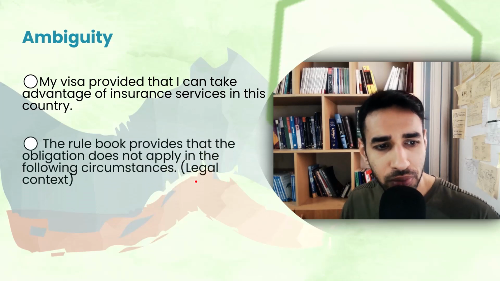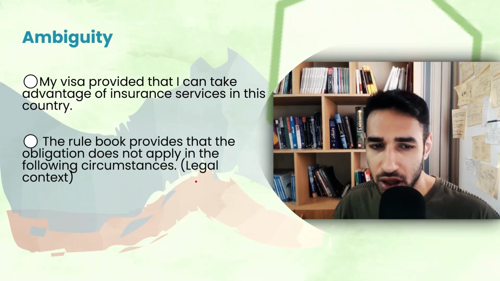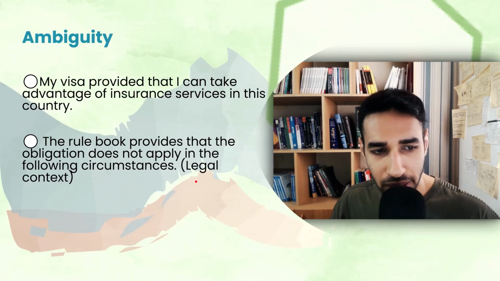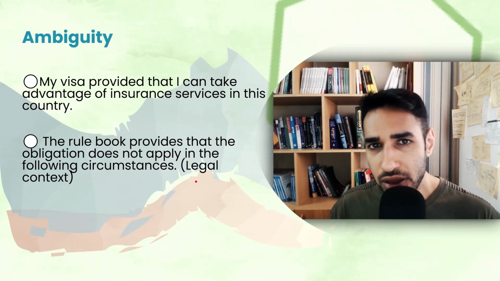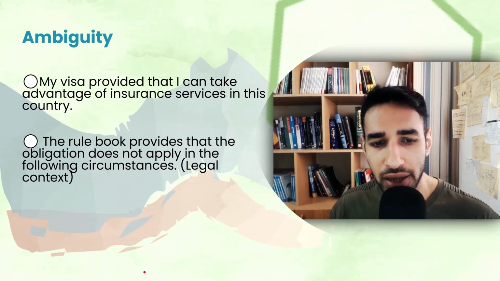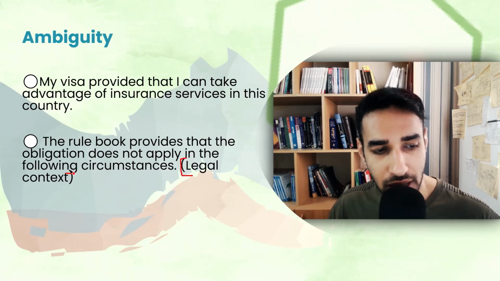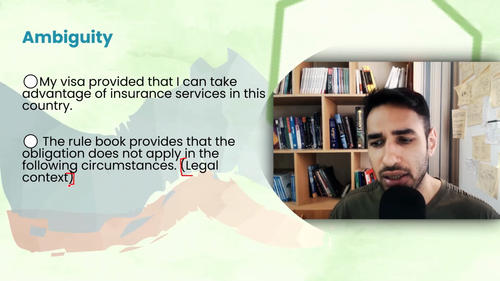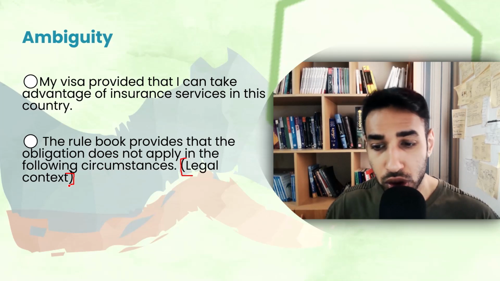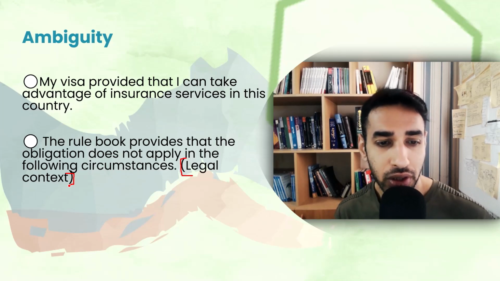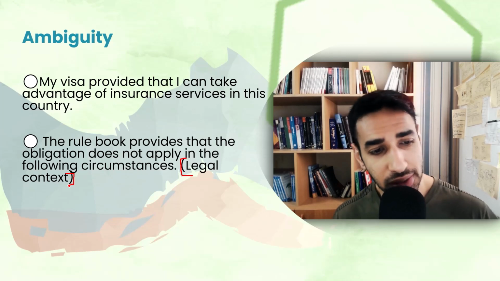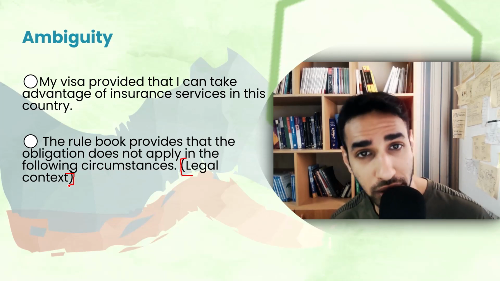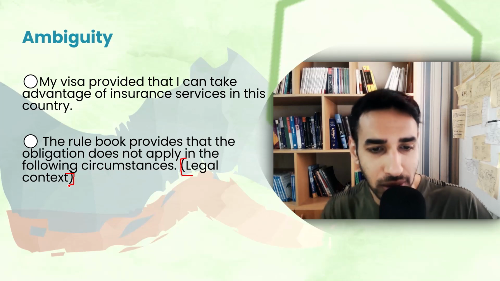Another example: the rule book provides that the obligation does not apply in the following circumstances. This meaning of provide that is used mostly in a legal context, meaning to say that, to require that, to stipulate that. The rulebook provides something. It means it says something, it states something, it requires something, it stipulates something.